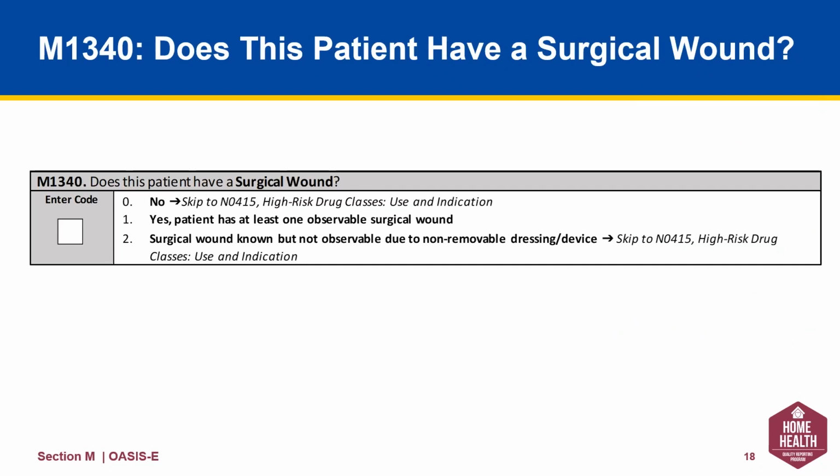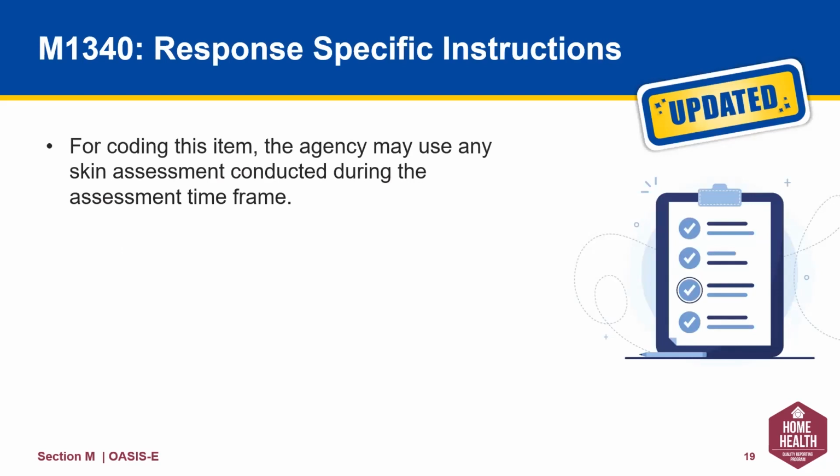M1340 is, does this patient have a surgical wound? This is a screenshot of this item where we are asked to determine if there is a surgical wound. For coding this item, the response-specific instructions, does the patient have a surgical wound, have been updated.